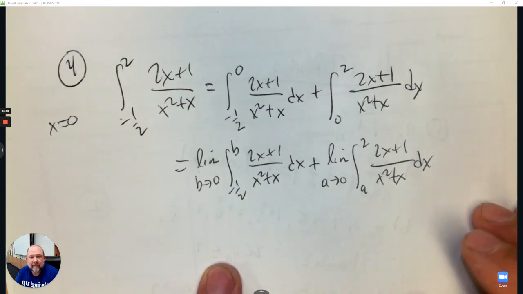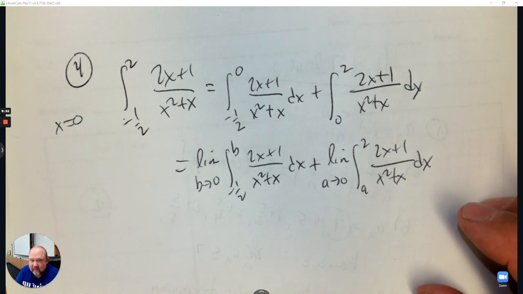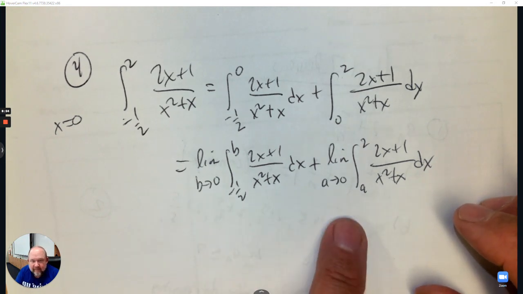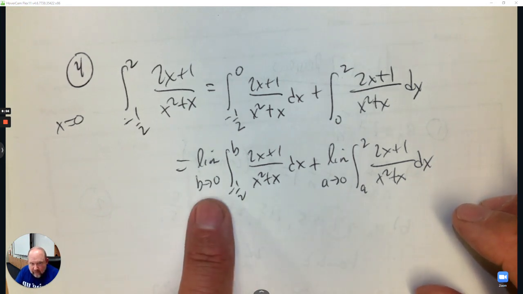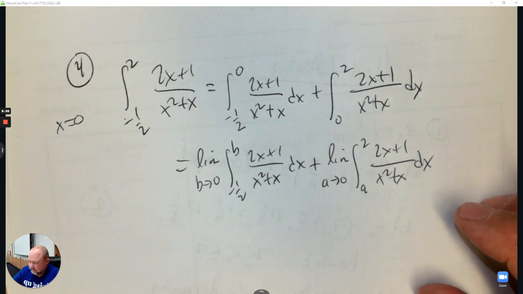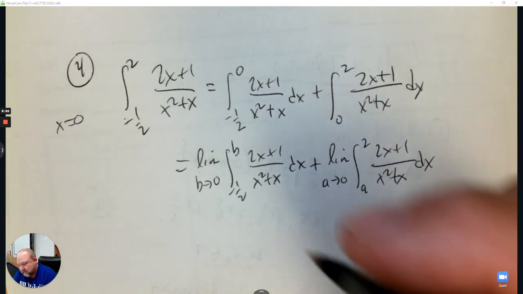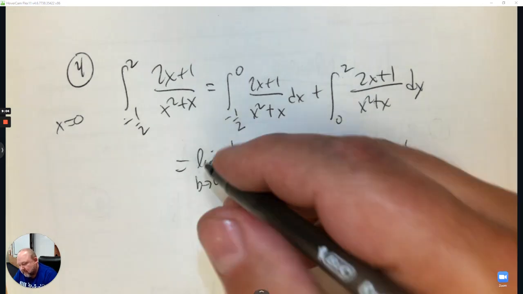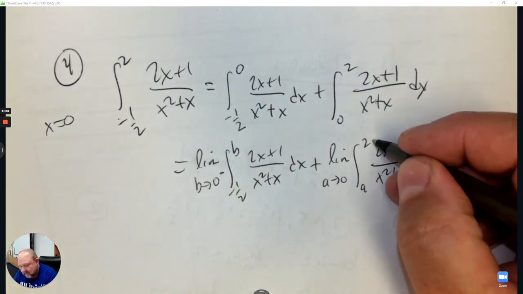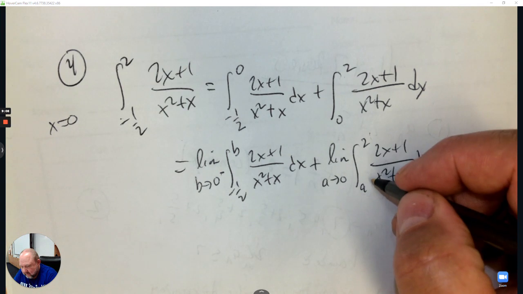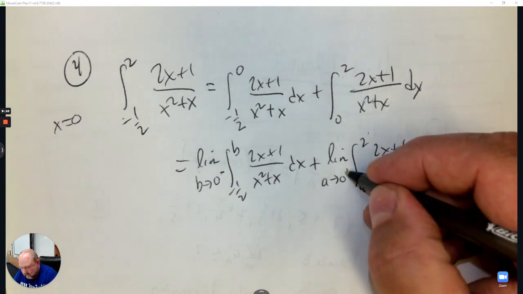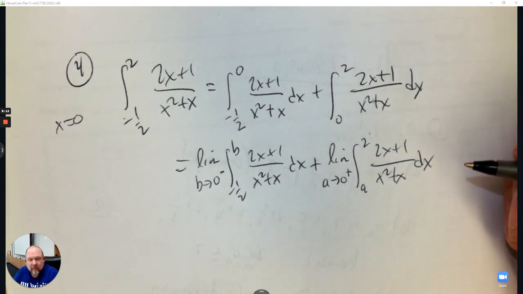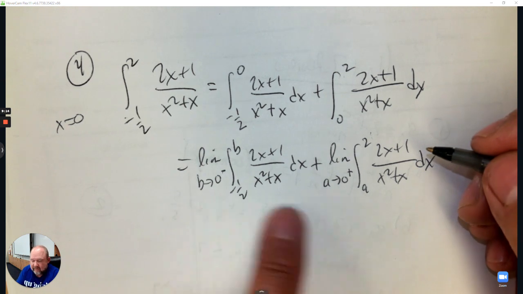All right, take a moment. So when there's a discontinuity, we're going to write it as a limit. As it approaches that number, what's happening? And this is from the left, and this is from the right, in terms of what we're looking for. So one's from the left and one's from the right.